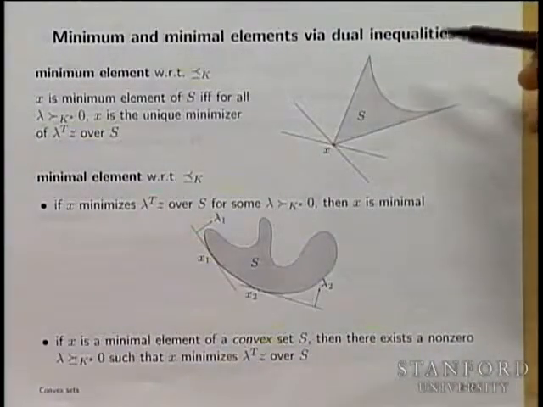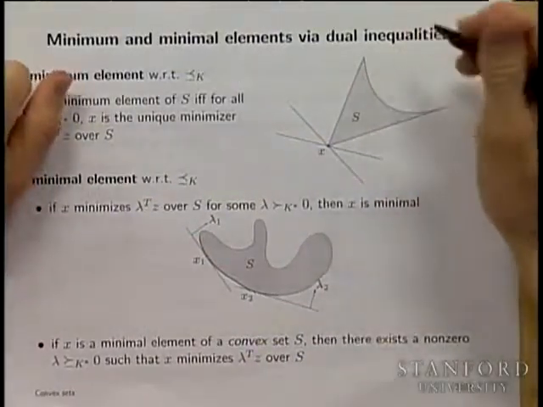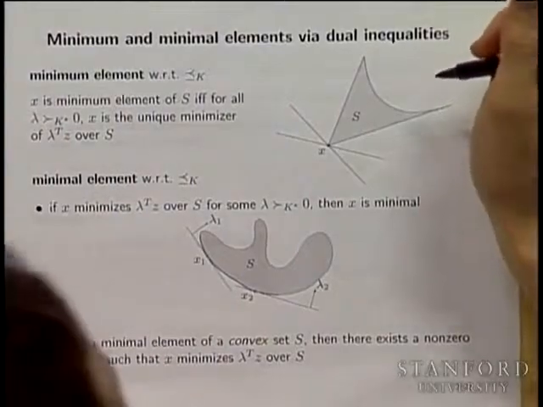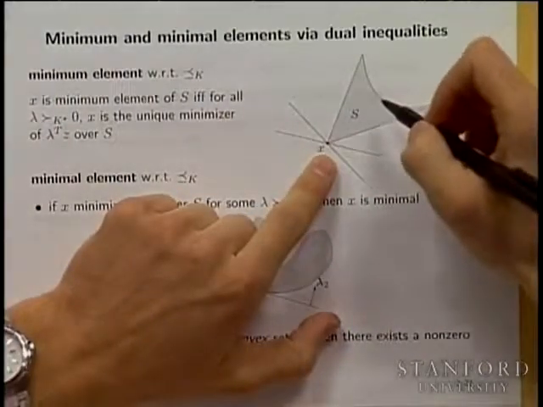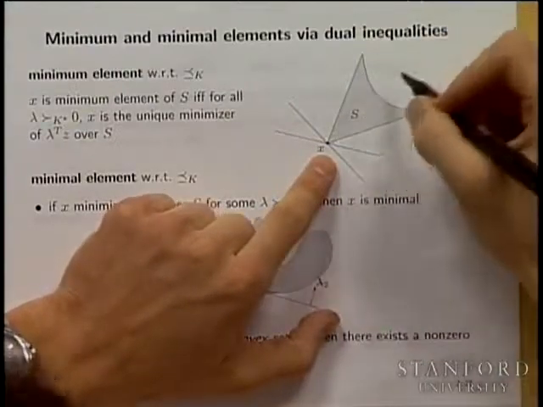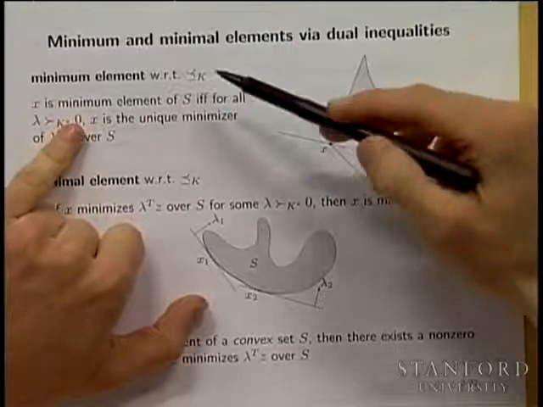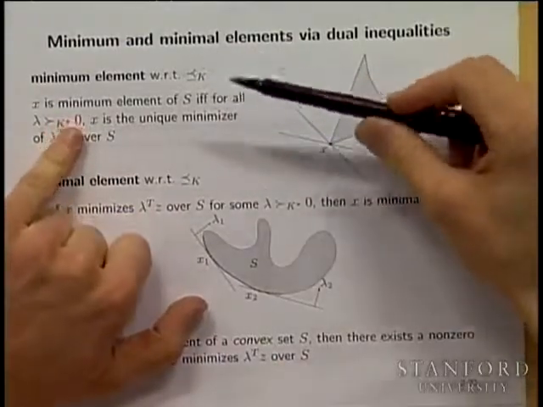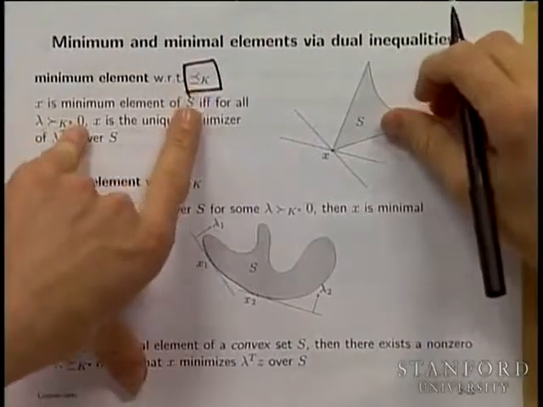We talked about minimum and minimal elements before, and here is one of the ways that these come into play. If we have some set S, we know nothing about this set, but let's say that x is the minimum element of S. Now that is true with respect to this generalized inequality.